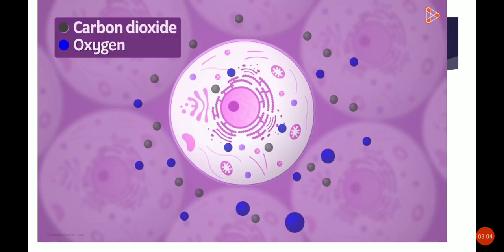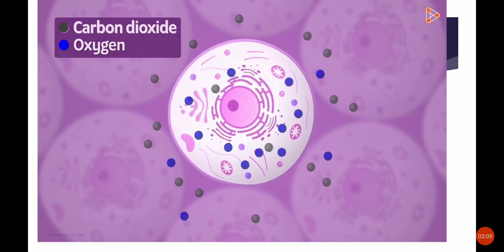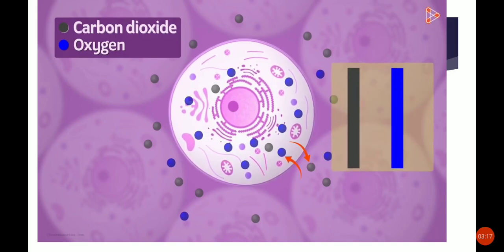So the oxygen from outside the cells moves in through the plasma membrane to make up for the lost oxygen. That means carbon dioxide moves out and oxygen moves in. Both the gases move from their area of higher concentration to an area of lower concentration. And this diffusion process does not require energy.